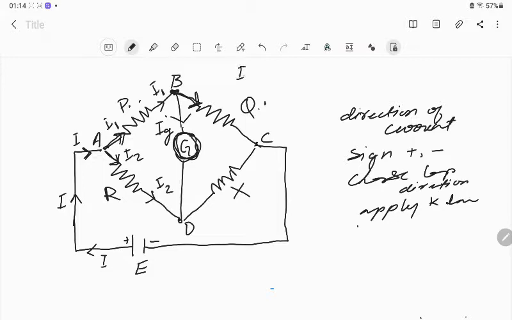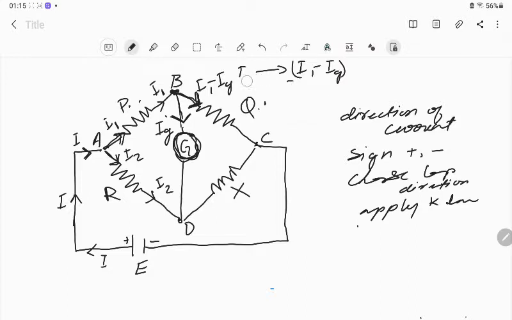From the I1 current, we have just taken out Ig current. So what is the remaining? Total is I1, and from that Ig is going in this direction. So the remaining will be I1 minus Ig. So I1 minus Ig current will flow in this direction.